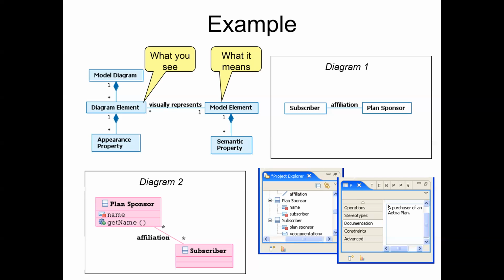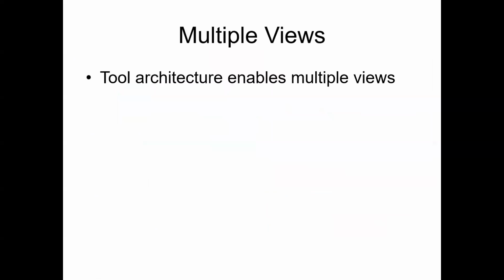This is a little bit redundant, I guess, just emphasizing that the diagram element shows what you see and the model element defines what it means. All right, next, please. So this tool architecture enables multiple views with only single definitions, which is a really key thing. Next, please.